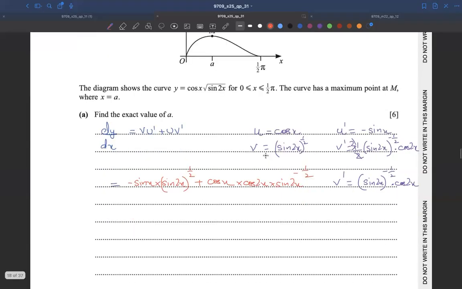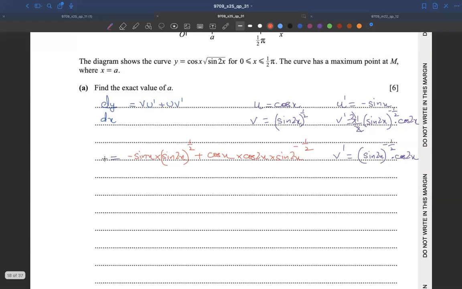Now simplifying this, we can write dy/dx equals 0 as it's a maximum point. Taking this on the left hand side, we will get this as positive sine x sine 2x to the power of half equals, and on the right hand side we'll have cos x cos of 2x, and we can write this in the denominator as sine 2x to the power of half.